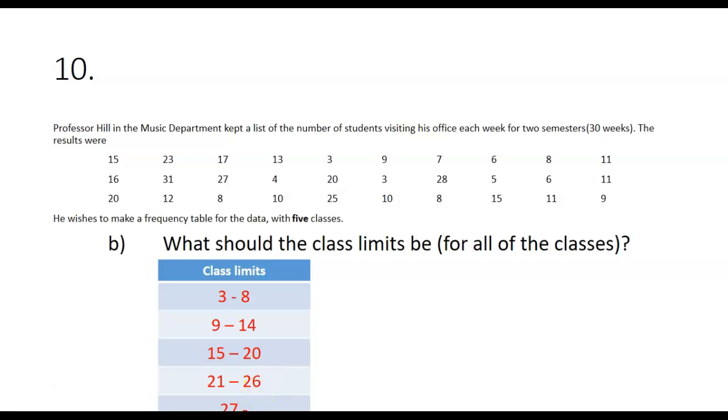And what's the last one? Well, notice that these go up by 6 each time, so the last one would be 26 plus 6, which is 32. So each class has a width of 6, and every one of these numbers is going to get counted in one of these 5 classes.